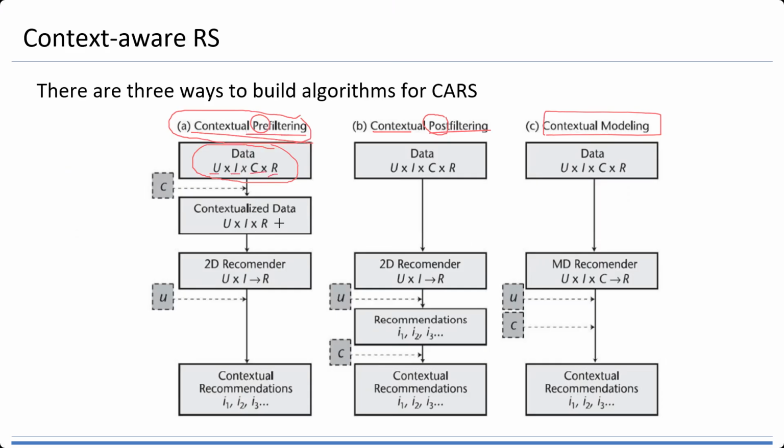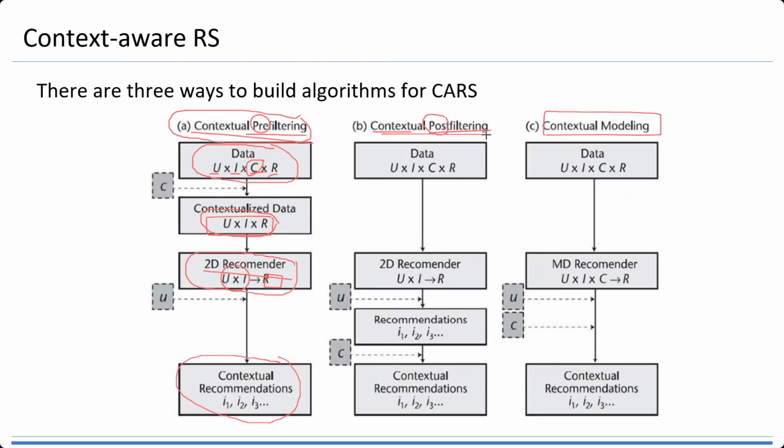It means we have the contextual data, which is C, and we filter before. Using the context data, we will have a new matrix, only U, I, and R. Then using those data, we can make a two-dimensional recommender by making the interaction between user and item in order to predict the rating. So at the end, we will have the contextual recommendation.